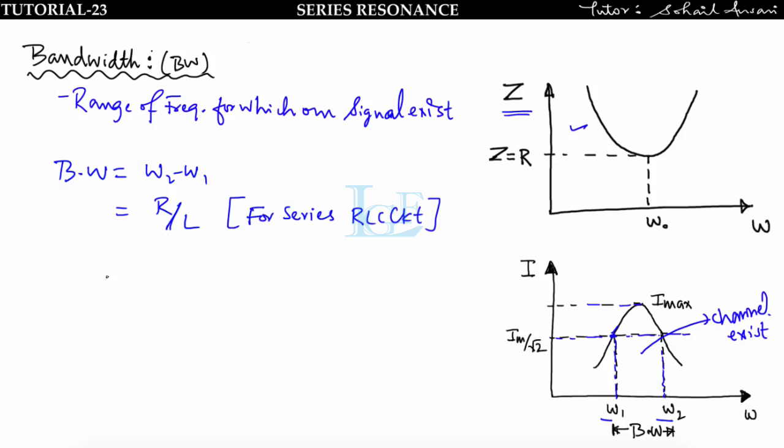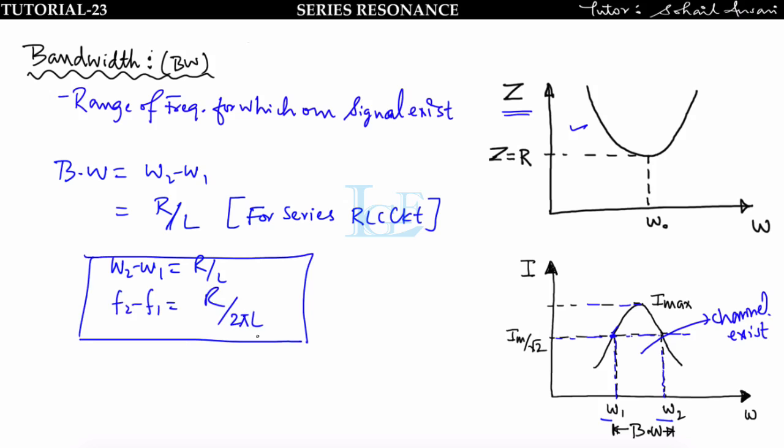We can represent bandwidth as omega 2 minus omega 1, which is equal to R upon L, and in terms of frequency, F2 minus F1 is equal to R upon 2 pi L. This is the formula for bandwidth.